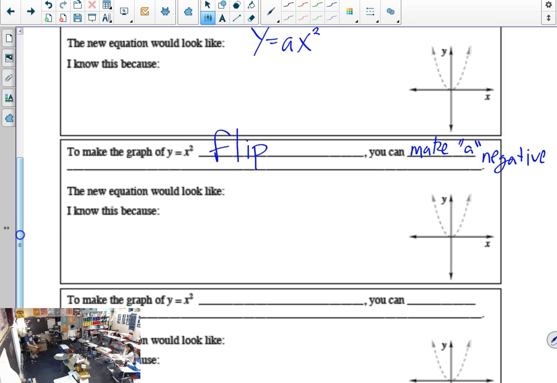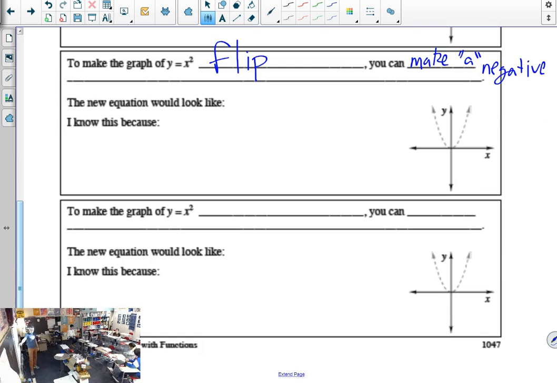If I check your rule sheet, you got these down. If I make a negative 1, all it does is flip the parabola over because it's giving you the opposite outputs that you would have had originally. So I'm saying find your output and then make it the opposite. What else? To make y equals x squared... Yeah, but we don't really want to do that because that isn't in regards to the y equals x squared parent function.